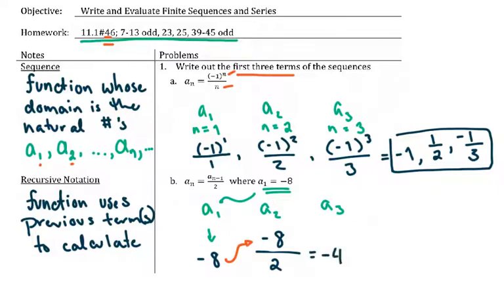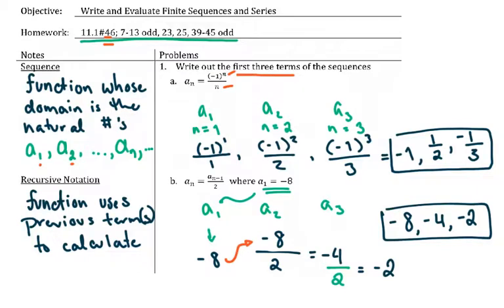And then we would divide that again for our third term, because then we just take that divided by 2, and that equals -2, meaning our first three terms are -8, -4, and -2. So recursive is one of those things that's easy to use once you recognize it, but it can be really complicated and weird to look at the first couple times. Sort of like function notation when you were first learning that.